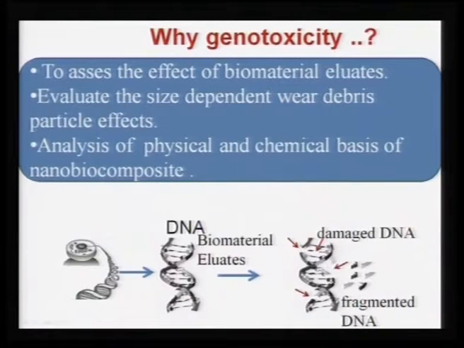Internalized means they can be taken up by the cell nucleus, and once they are taken up, they can preferentially damage the double helix pattern of the DNA. Now, what will happen if the double helix pattern or the individual strands are broken by the nanoparticle treatment?